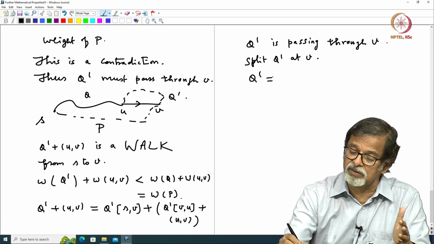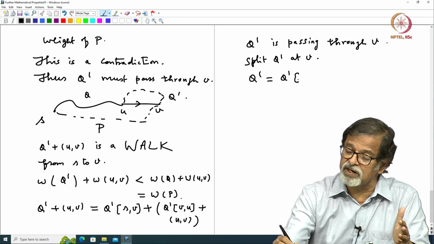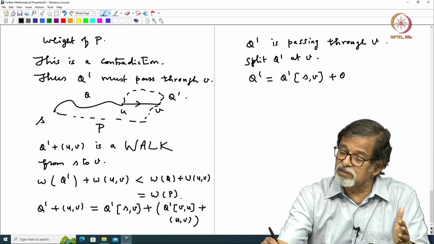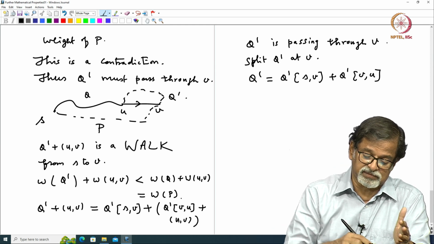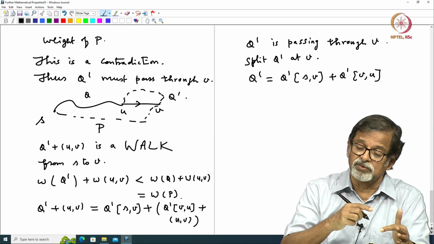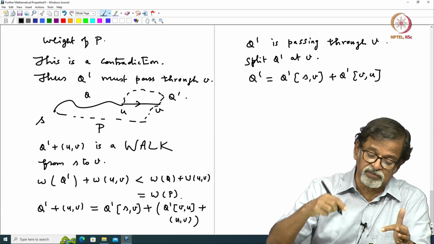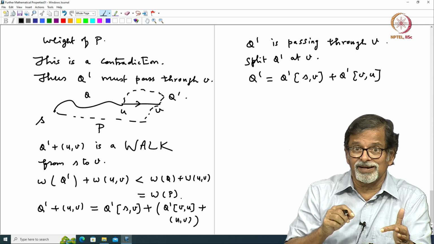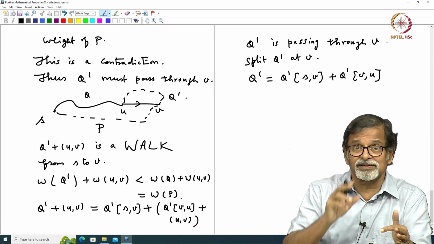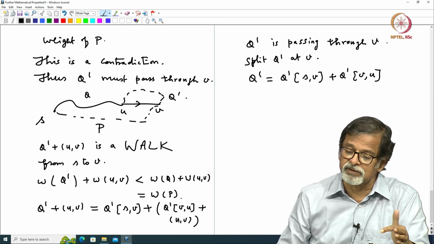Therefore, q dash equal to q dash from s to v plus q dash from v to u. There are two parts. Q dash is going from s to u. Since v is a part of the path, I split at v, I get two paths.